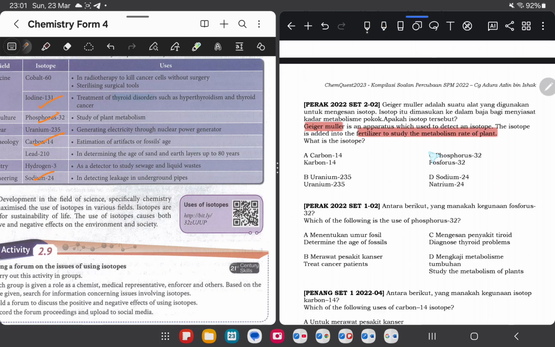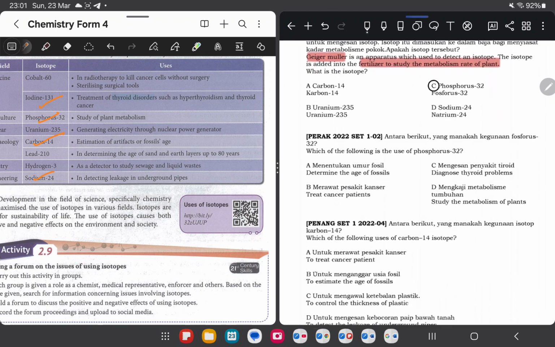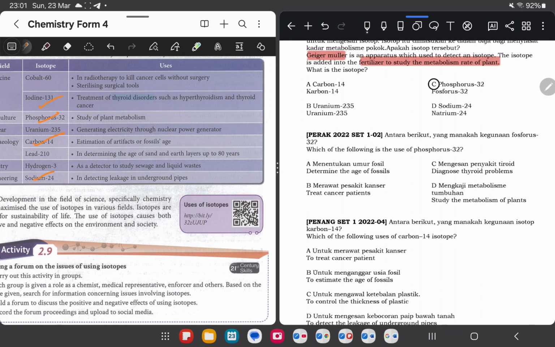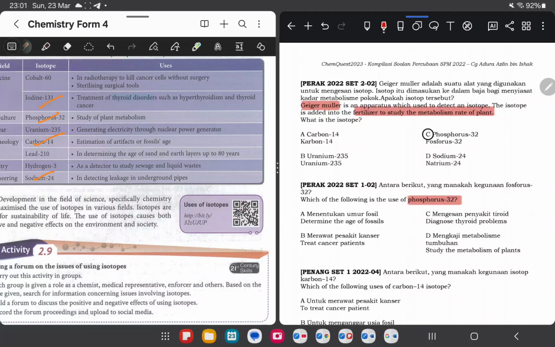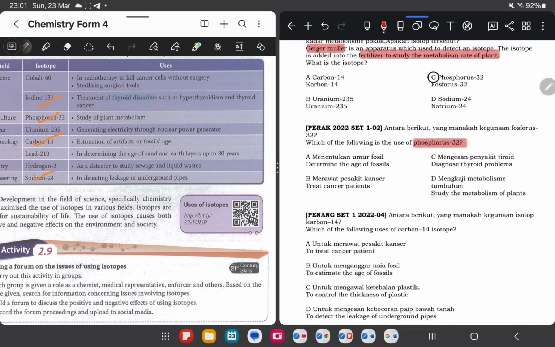The answer is phosphorus, C. Then which of the following is the use of phosphorus 32? See, repetition. You see the question in set 2, then you see the question again in set 1. Why do we use phosphorus 32? Phosphorus 32 is specifically for plants, to study the rate of metabolism of plants. So the answer is D.